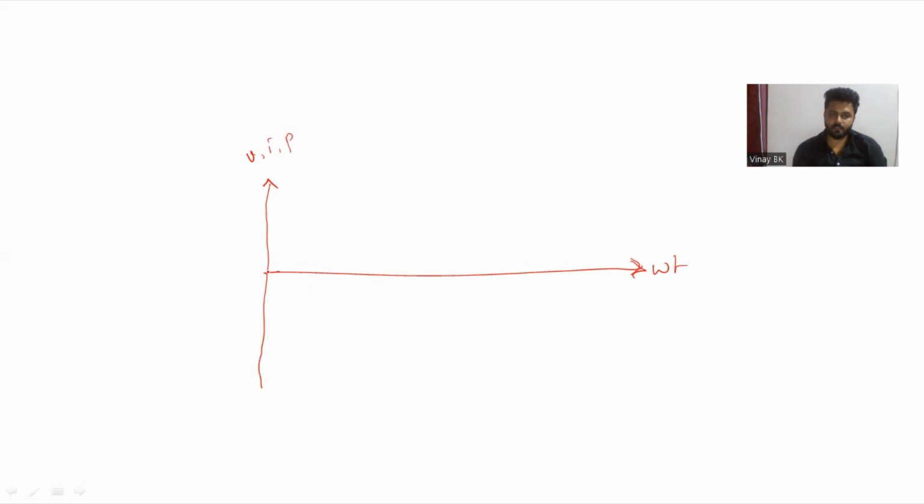That is a pure sinusoidal waveform because the supply is the reference, so I will get the voltage waveform like this. This voltage V is given by Vm sine omega t.